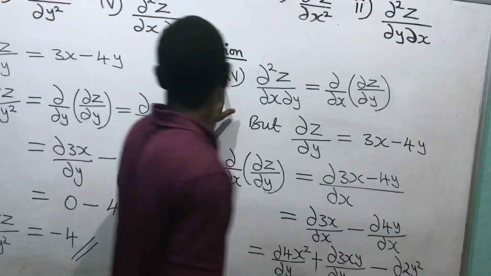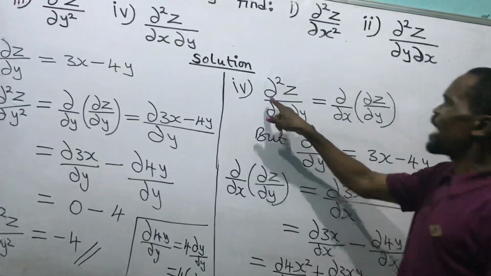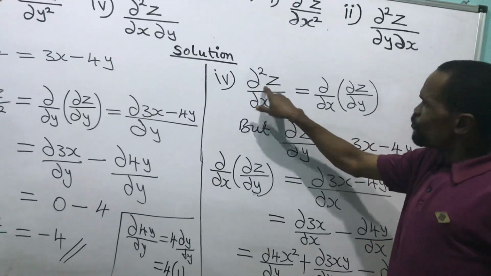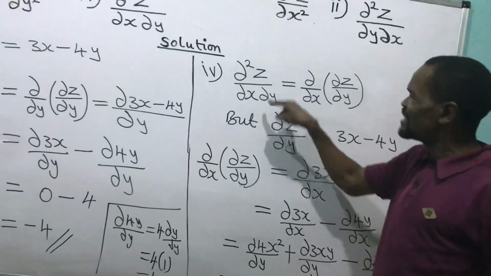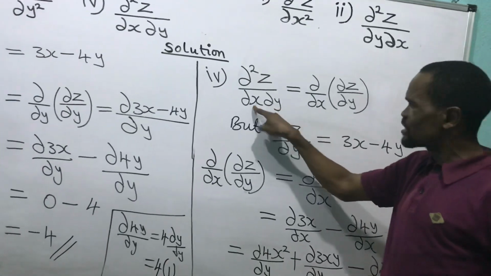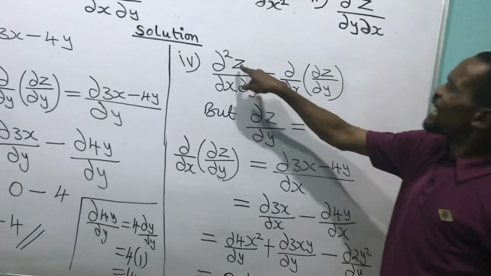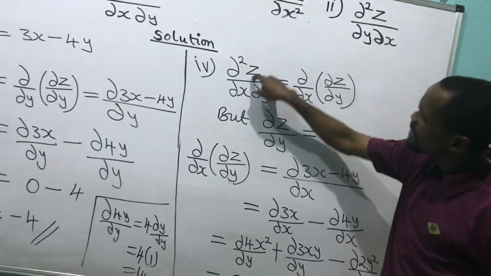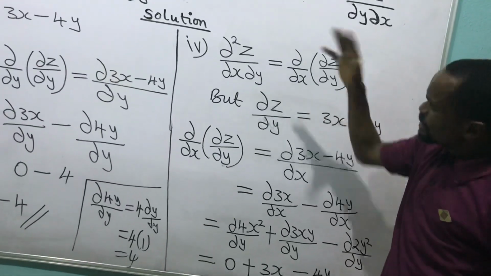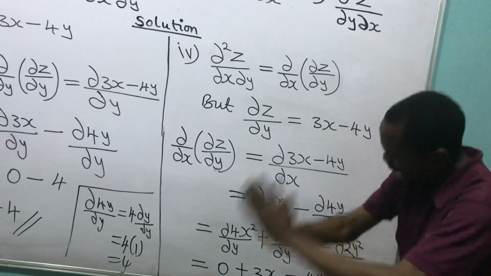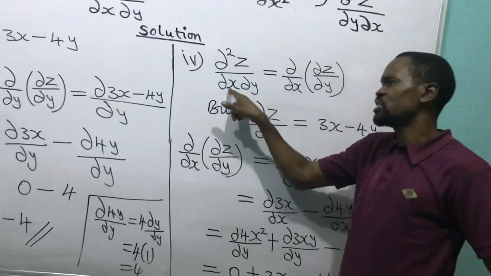Then let us go to question IV. Question IV says partial differentiation of z, which is the second derivative of z with respect to y, and as well with respect to x. Meaning that I should differentiate this function z with respect to y. After I have done it with respect to y, the result I got, I should differentiate that result with respect to x.